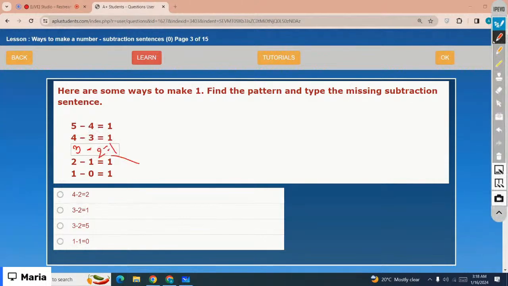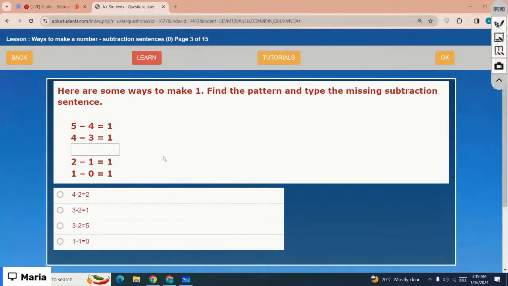Got it? The correct option is 3 minus 2 equals 1.